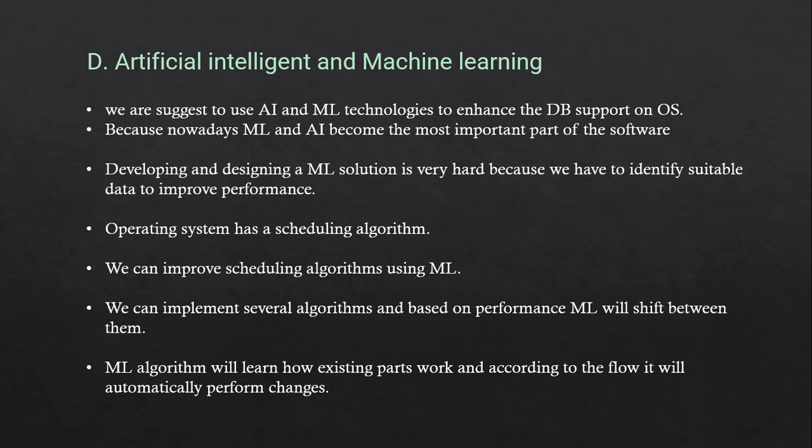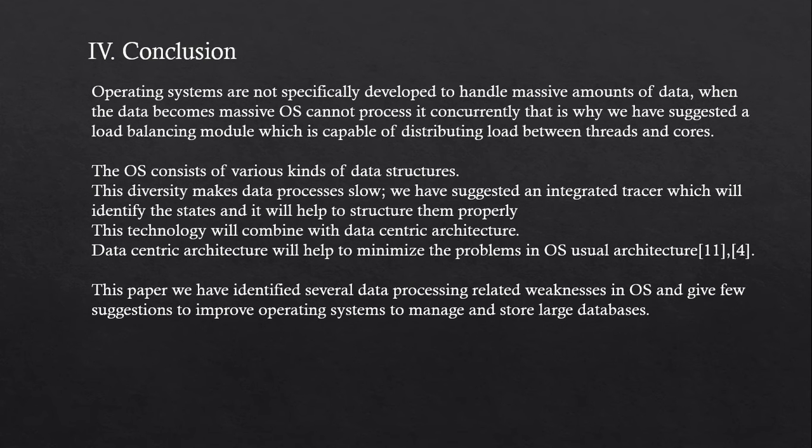We can improve scheduling algorithms and similar things using artificial intelligence. Here we have come up with a conclusion. We have identified several data processing related weaknesses, and we have given a few suggestions to improve them.